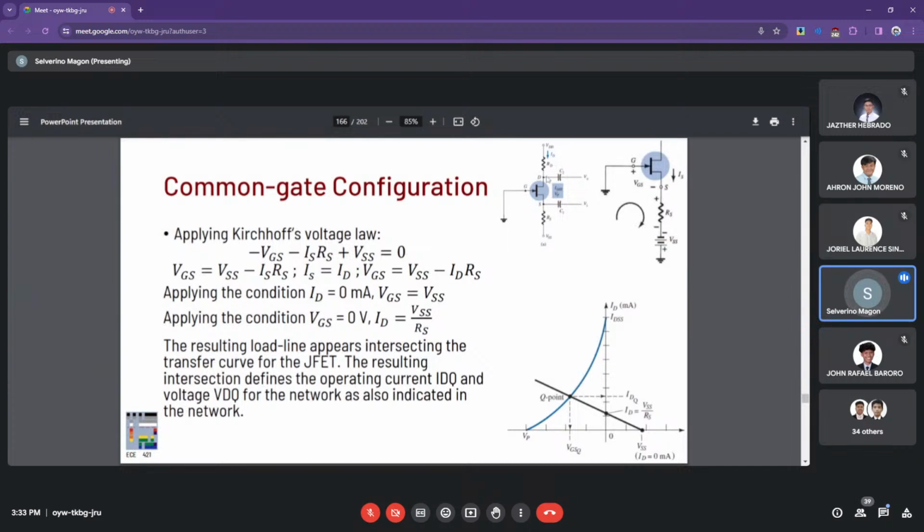So at zero drain current, VGS right here is equal to VSS, since we have that same loop right there.